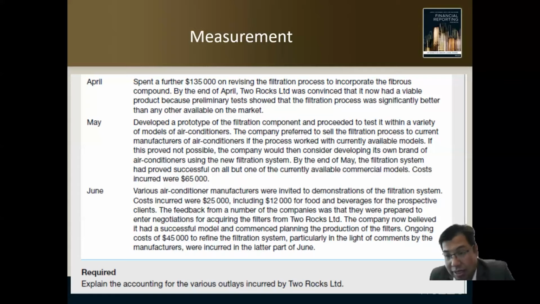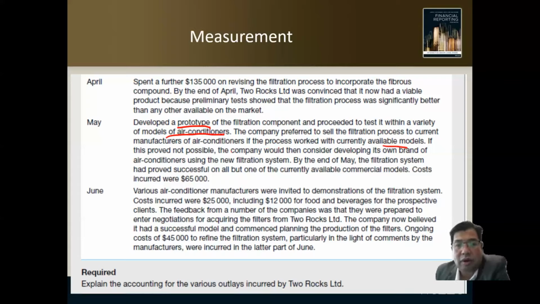Okay, and then they try to develop a prototype, a sample of the filtration component, and proceed to test it within a variety of models of air conditioner. So they are producing the prototype and performing additional testing. The company preferred to sell the filtration process to current air conditioner manufacturers if the process worked with the currently available models.